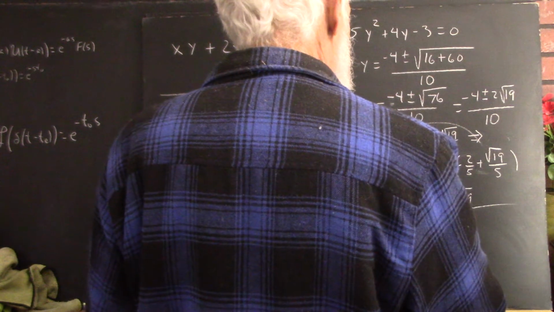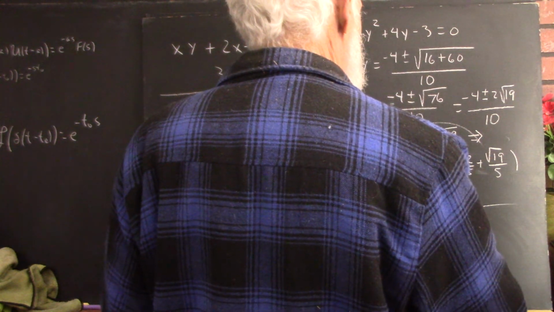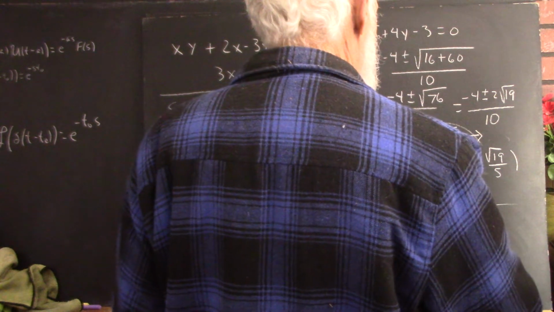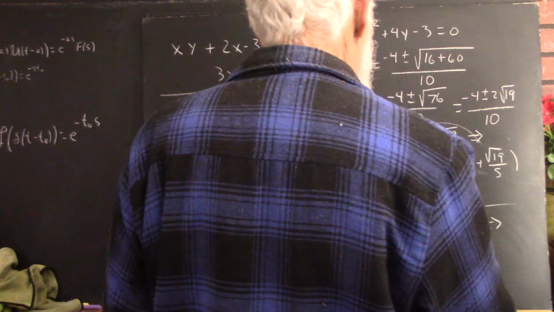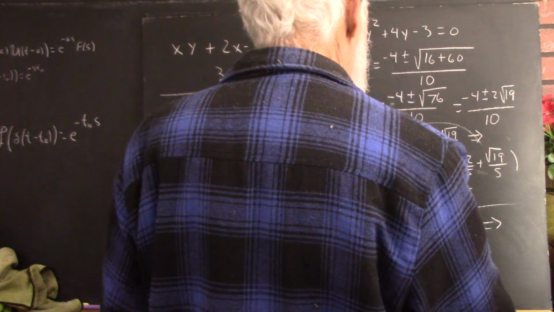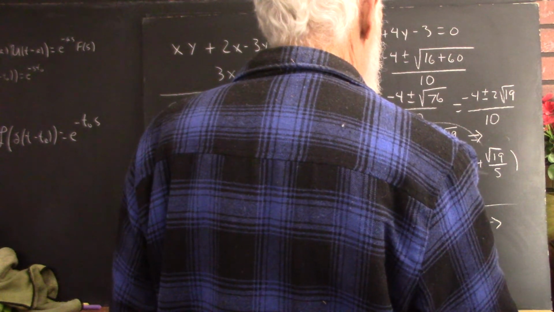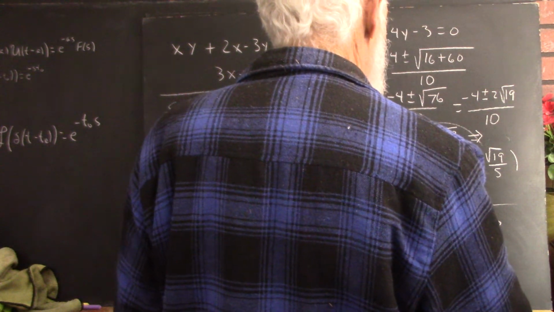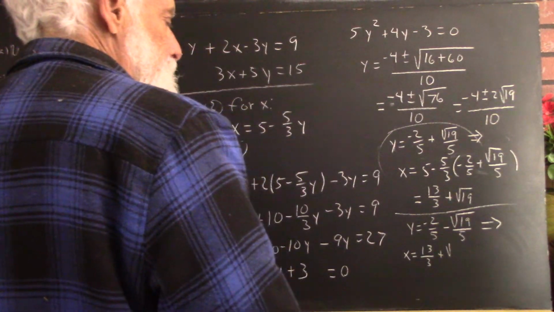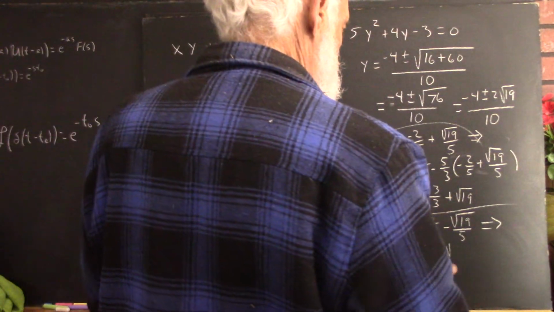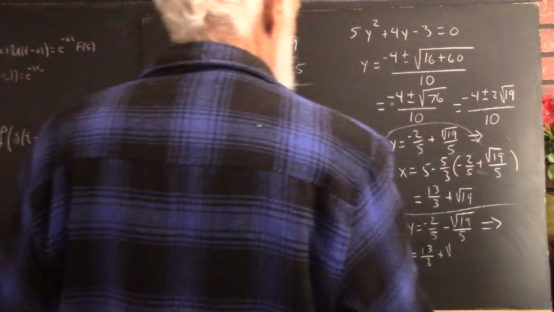Our other solution for y is y equals negative 2/5 minus the square root of 19 over 5, which gives us x equals, again, 13/3, but it'll be plus, no, whoa. It's not going to be. It's going to be 17/3. No, it's still going to be 13/3.